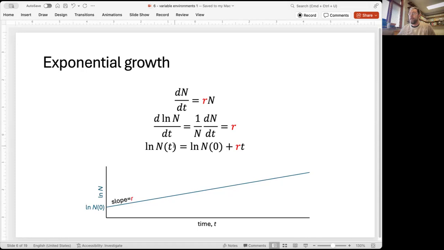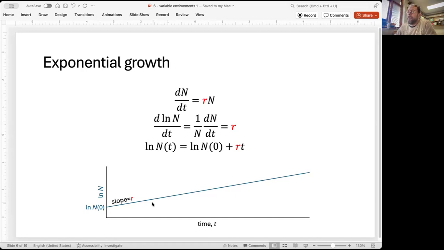So the log abundance is the initial log abundance plus the growth rate little r times t. The key thing here is that exponential growth is linear when you look at log population size versus time. And this is really useful empirically for estimating population growth rates. It's the natural way to look at growth rate.